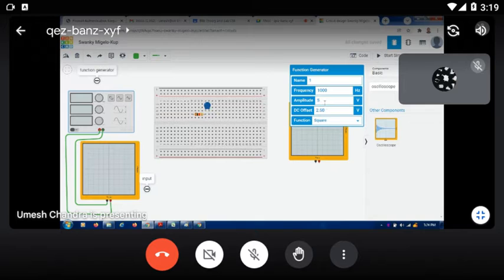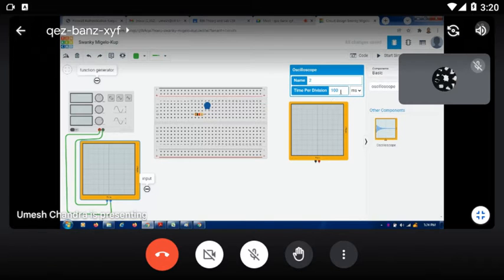Here is 10 volt, you give 10 volt peak to peak. Frequency is 200 hertz, here you write 200 hertz. Offset voltage is always 0, and the signal is a square signal.